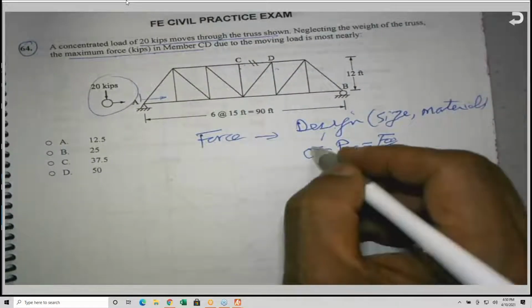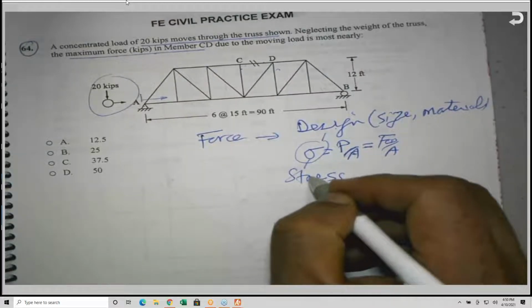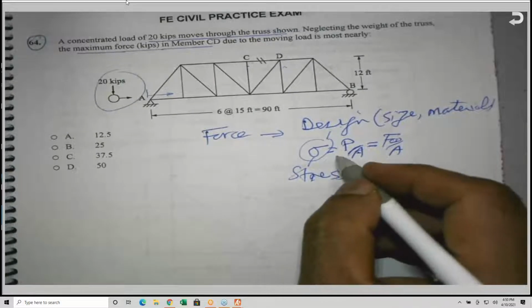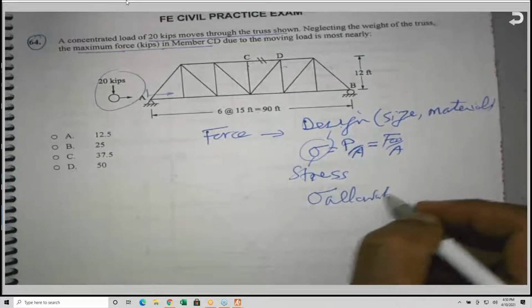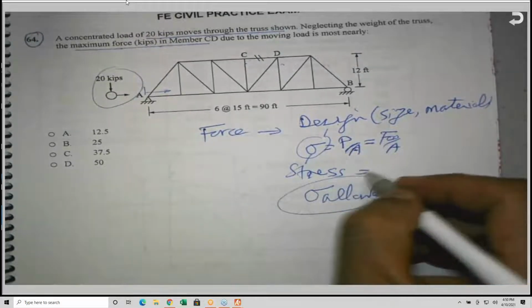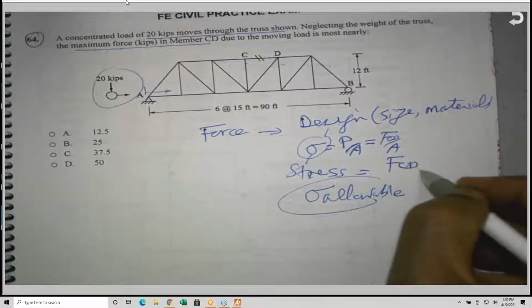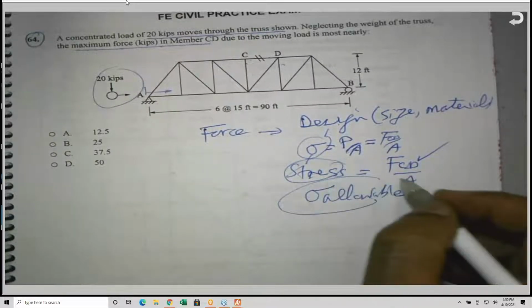And this sigma is called the stress. In fact, we are going to use what is known as the allowable stress. Sigma allowable is equal to the force in the member CD divided by the area. I know the force, and if I know sigma allowable, I can get the area.